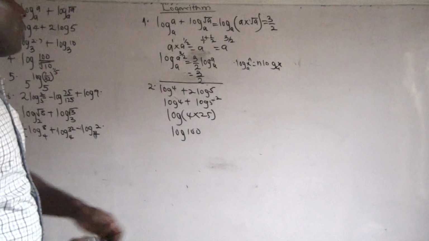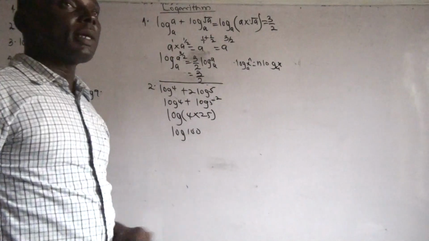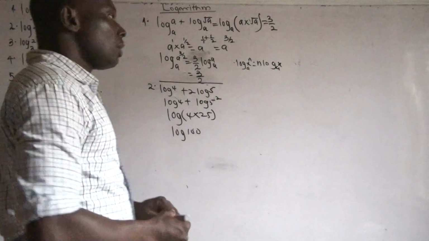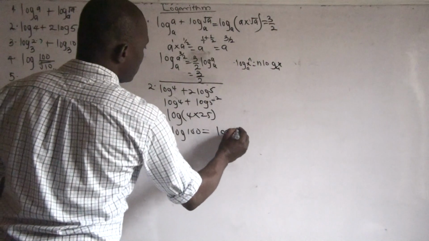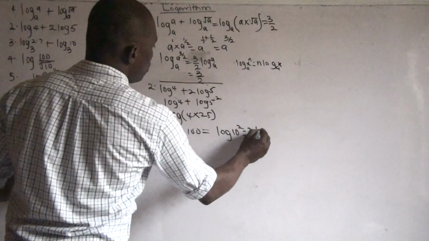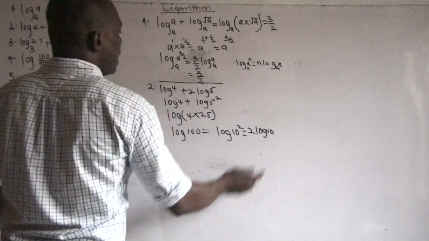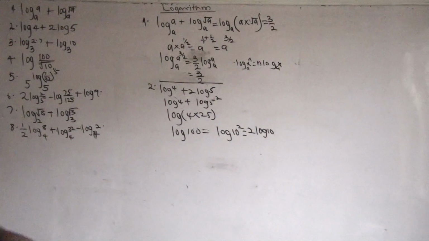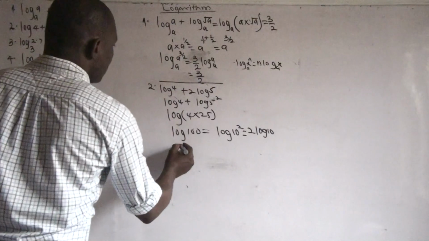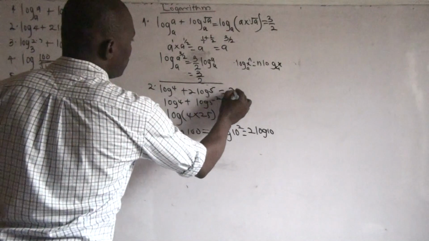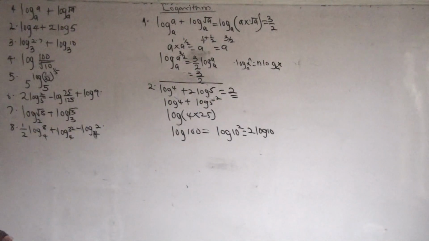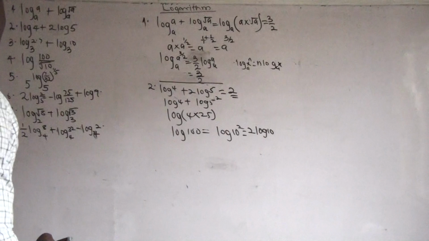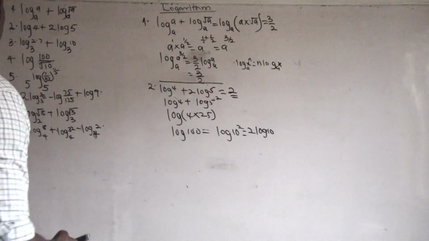We know that the base is 10, and log 100 becomes log 10 square, and this becomes 2 log 10, and the bases are the same. That means the answer here becomes 2 for this expression.